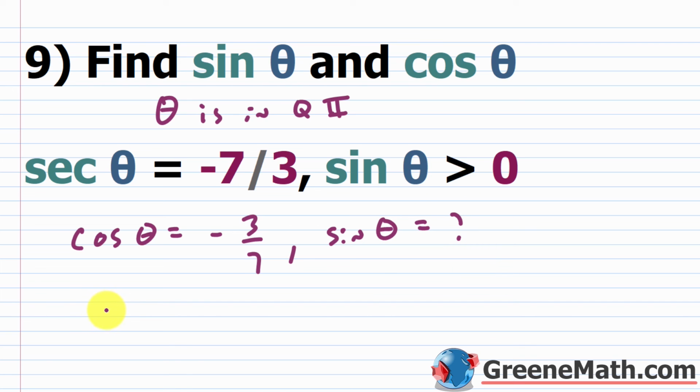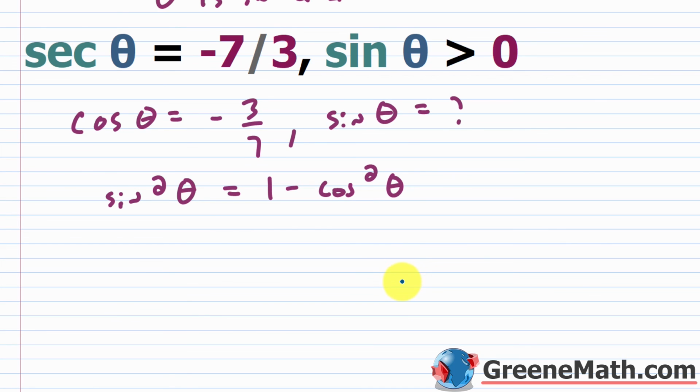So let's write out that the sine squared theta is equal to 1 minus the cosine squared theta. We know that cosine of theta is negative 3/7. So I'm going to plug in here a negative 3/7, but then I've got to remember to square it. So square the negative, it goes away. Negative 1 squared is just 1. 3 squared is 9, and 7 squared is 49. So this is going to be 9 over 49.